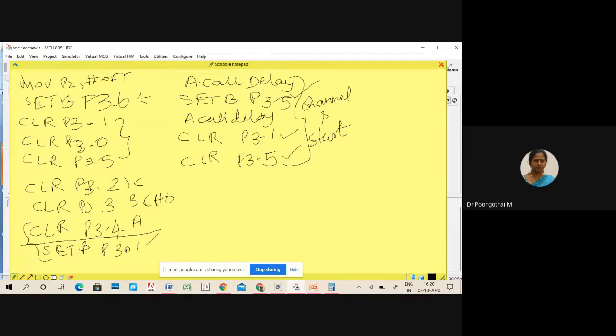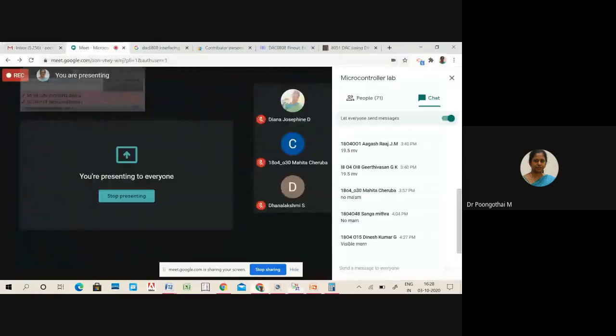Once the conversion process is initiated, what would be the next step? Students, please tell me. Your conversion process is initiated now, so we have to monitor end of conversion.